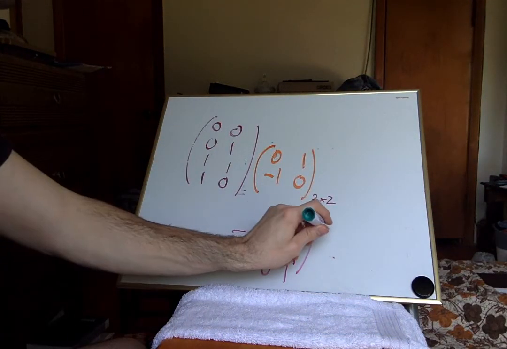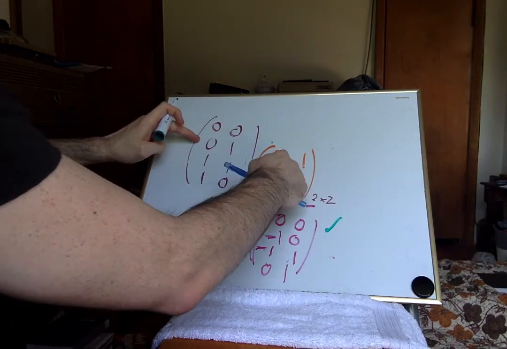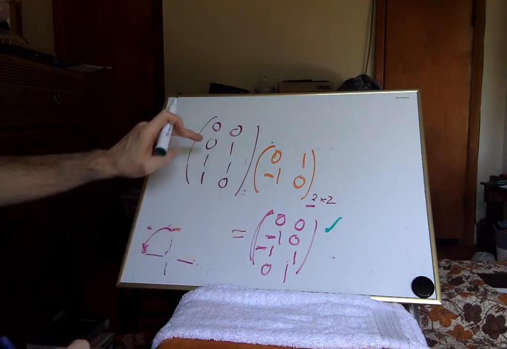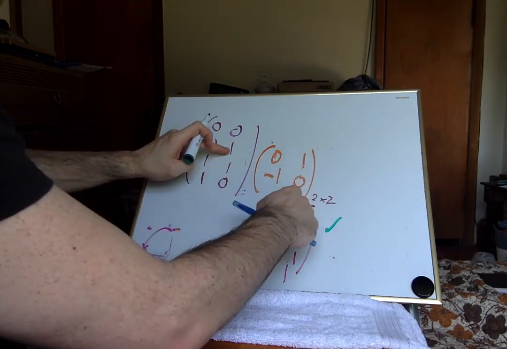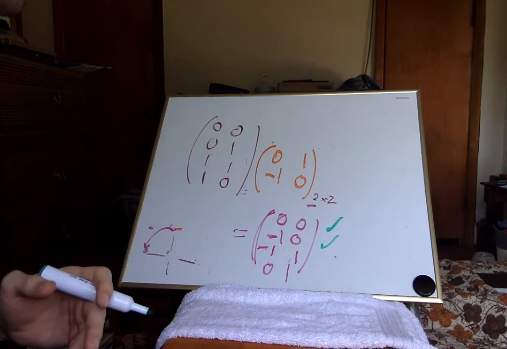Okay, second entry. 0 times 0 is 0 plus 1 times negative 1, negative 1. 0 times 1 plus 1 times 0, that's 0. So far, the algebra is working.